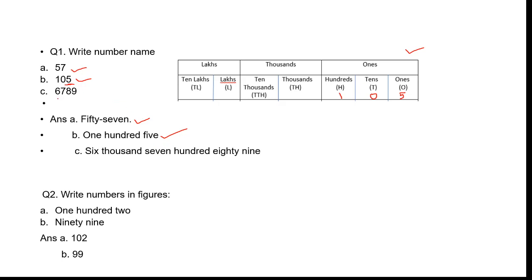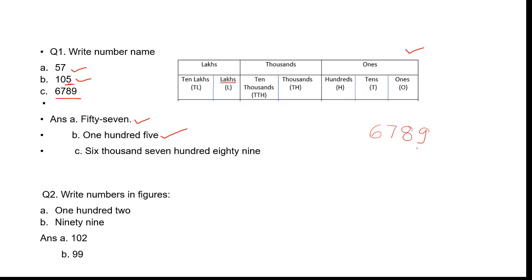Okay, now the next question is 6789. So what you will do here, children? You will again arrange these numbers in this place value chart. Here I am going to explain how you will write this. So I am writing 6, 7, 8 and then 9 over here.